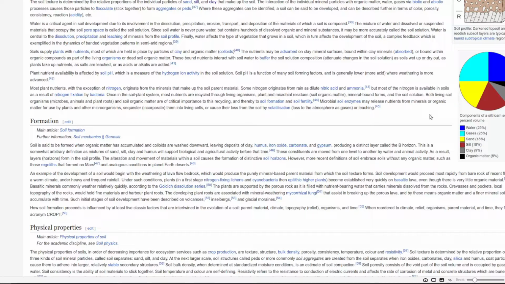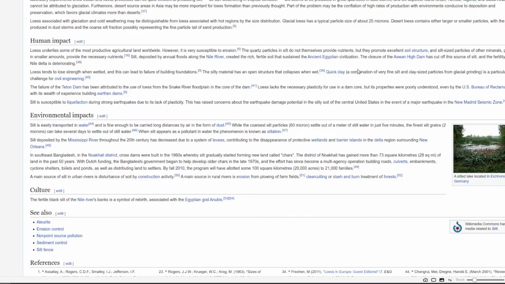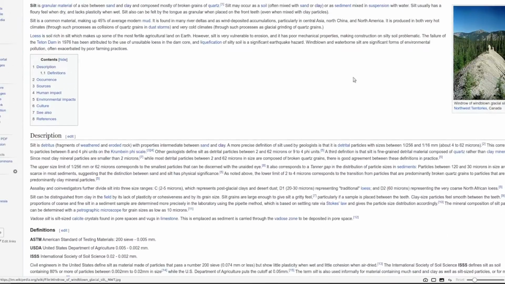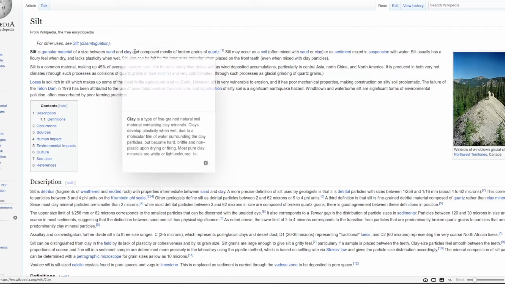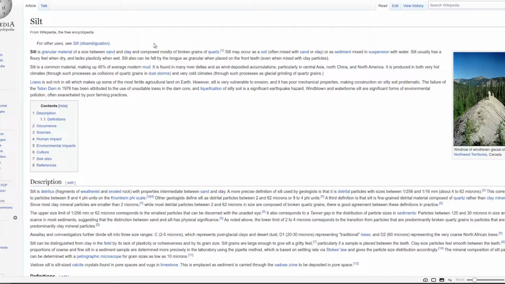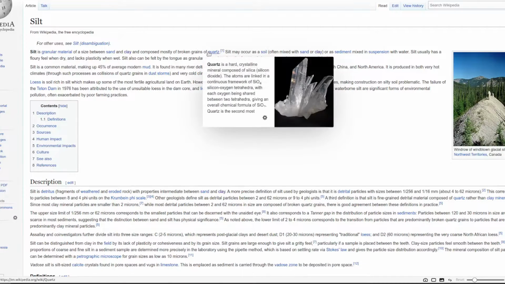Now silt, I looked up silt, it's basically just like more granular clay. Silt is a granular material of a size between sand and clay, so it's a mediator between sand and clay, and mostly of broken quartz.